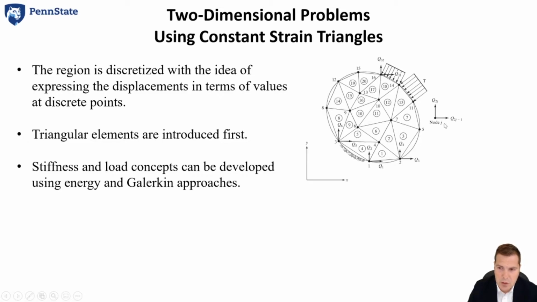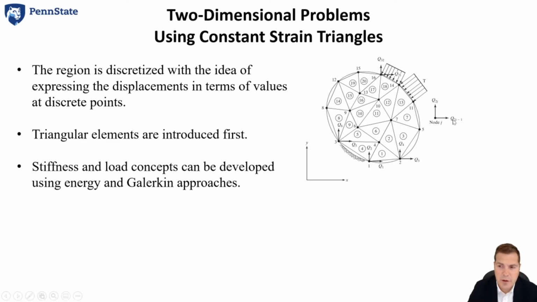Take node 2, 2 times 2 minus 1 is 3. Okay, so it incremented to the next position in the vector correctly, 3, and then 2 times 2 is 4, so 3 and 4. And so these numbering subscripts allow you to effectively store two-dimensional data in a one-dimensional array.